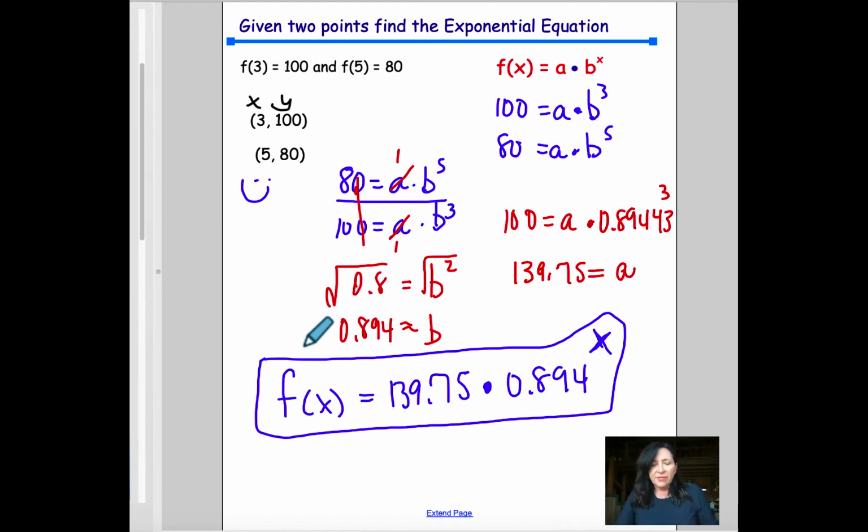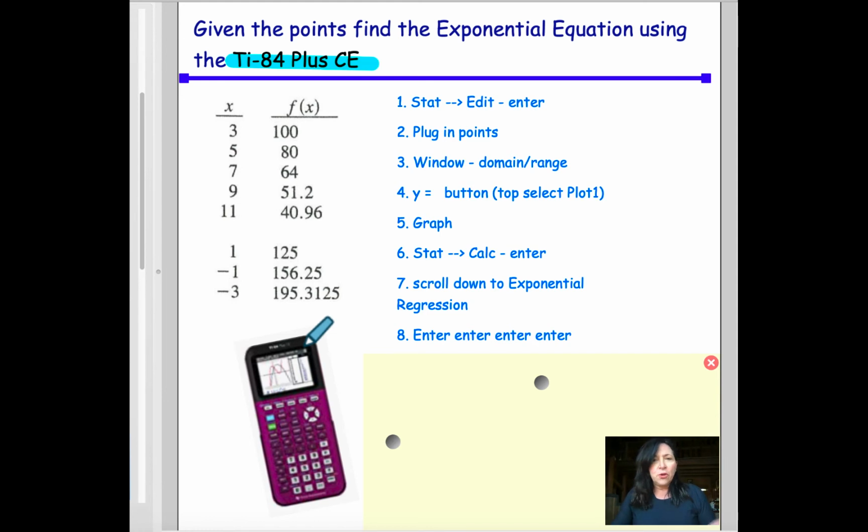Now, that being said, there is another way to do this, definitely by the calculator. So if you have the TI-84 Plus, then what I would expect from you is to take that out, and I'm going to show you how to use that so that you can do exactly what we just did, but with the values. I have the rules up here so you can see them.